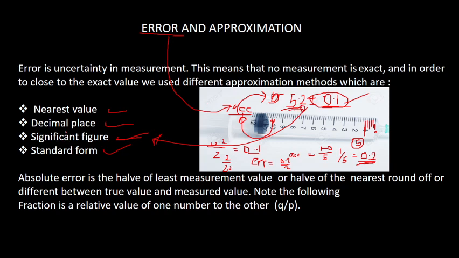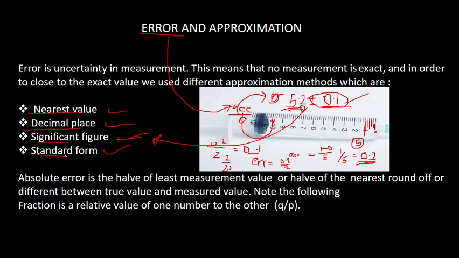So in this case, we want to discuss nearest value, decimal place, significant figure, and standard form. What is very important at each of these points is that each will be telling you their errors.